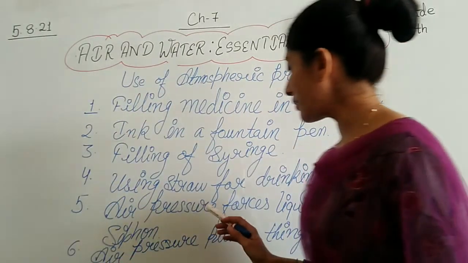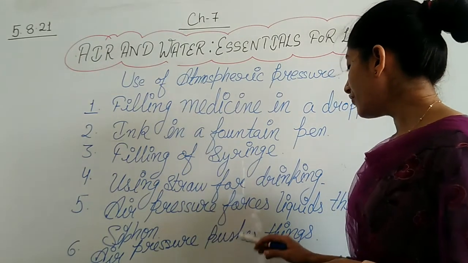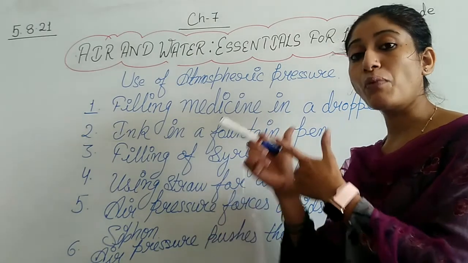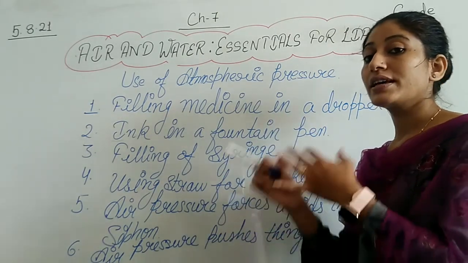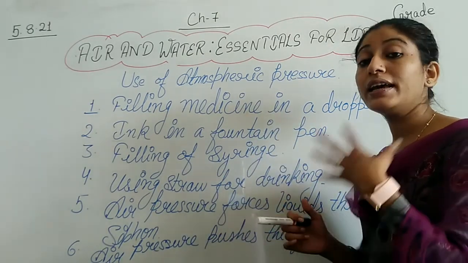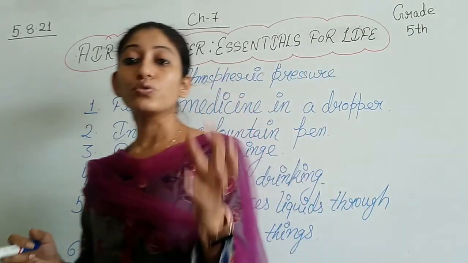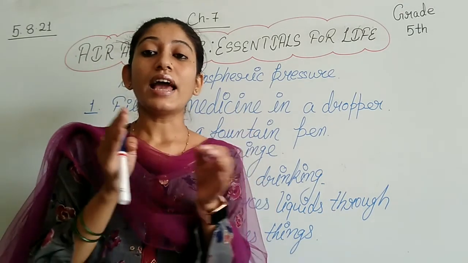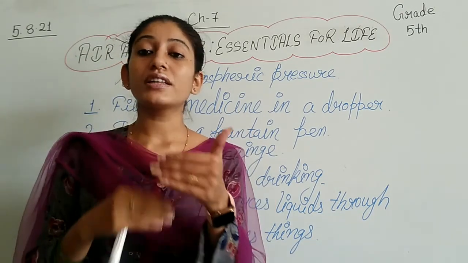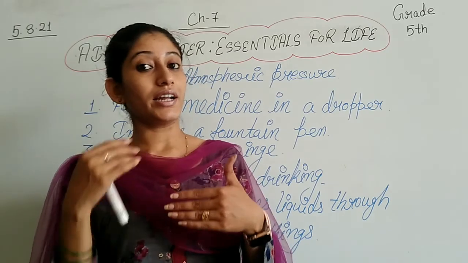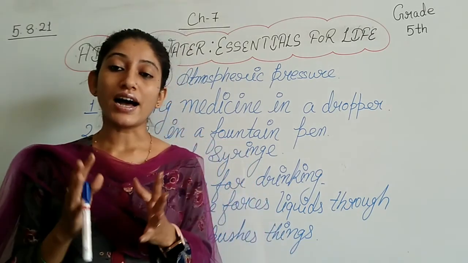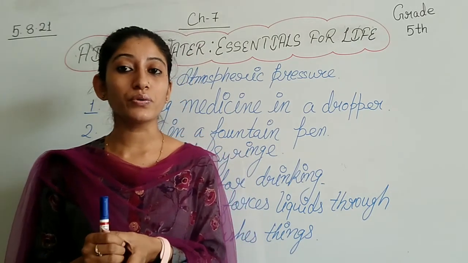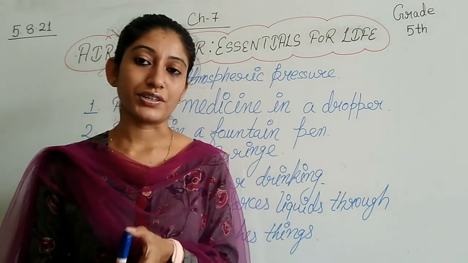Then we use atmospheric pressure to push things from one place to another, like boats, windmills and kites. Similarly, a siphon also uses atmospheric pressure so that it can help in shifting the liquid from one vessel to another vessel. So these are the different areas of our daily life where we use atmospheric pressure.